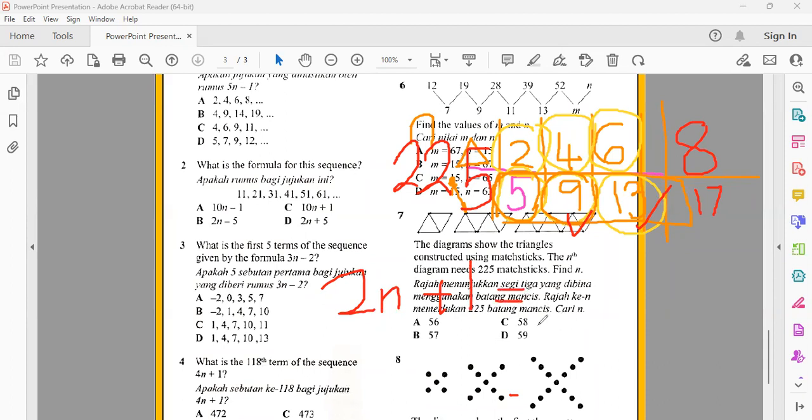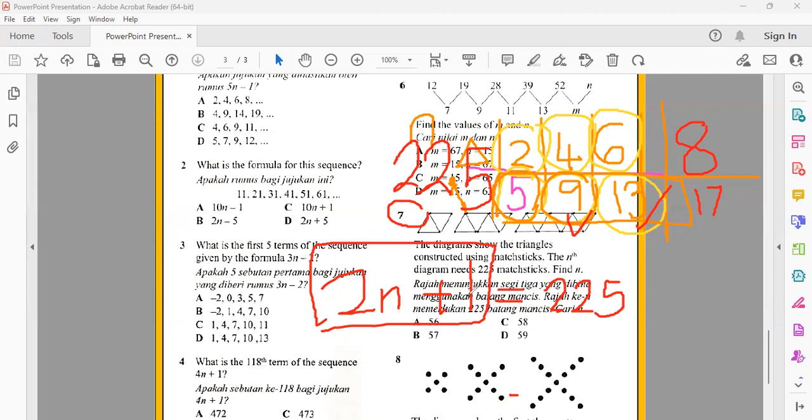Yeah, it won't work. Any of these numbers, if I put it into this formula, I won't be able to get 225, which means there's only one thing. Our formula could be wrong. Or there could be something wrong with the question.